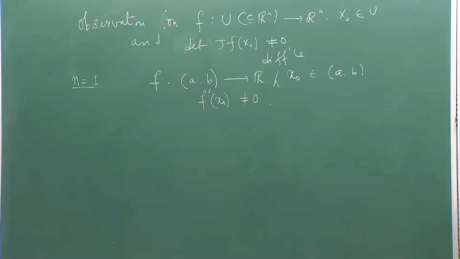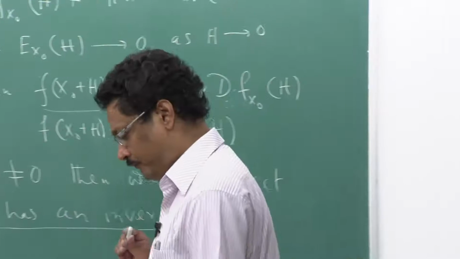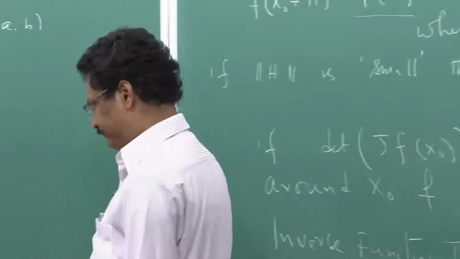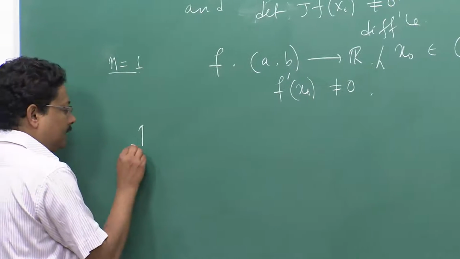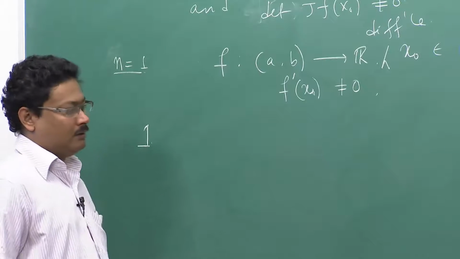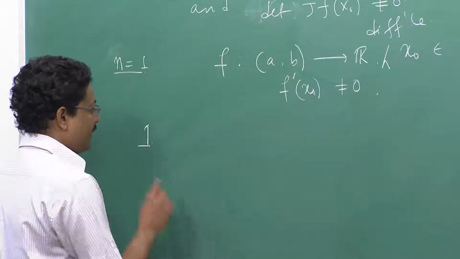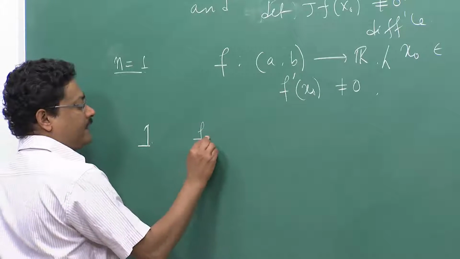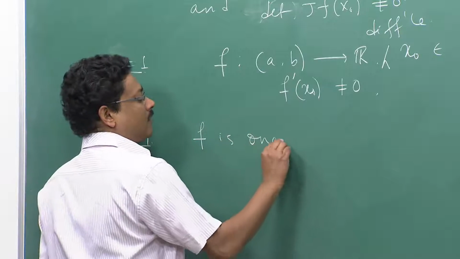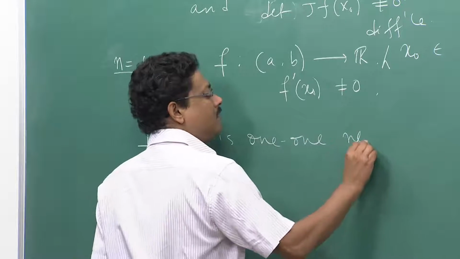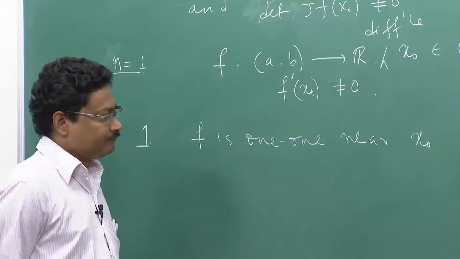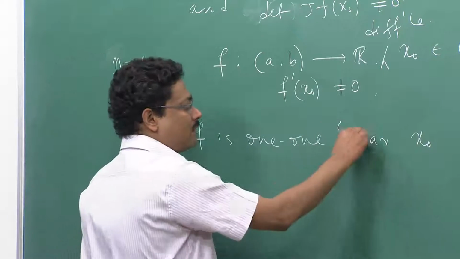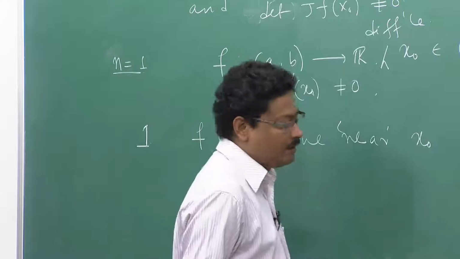So, we must be careful not to use something very special to functions of a single variable. For example, one can see, if I claim such a thing, that f is 1 1 near x naught, that is, in an interval around x naught, f is 1 1.